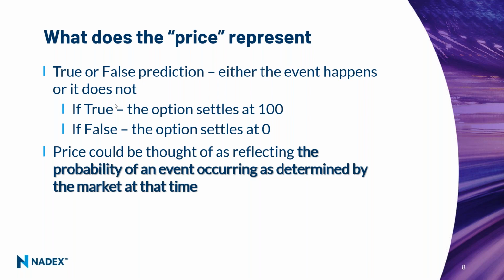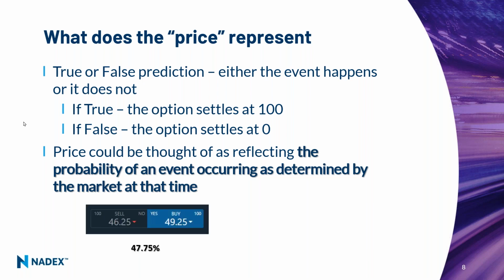At that point, you would think that the binary option would be trading around 50, meaning there's a 50% chance, as determined by the market price, that it will finish at 100. It also means there's a 50% chance that it will finish at 0.